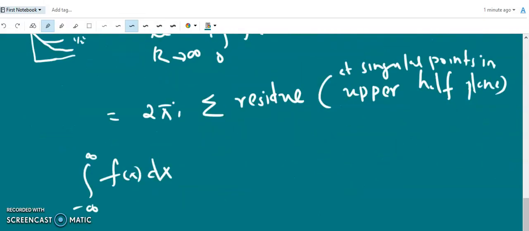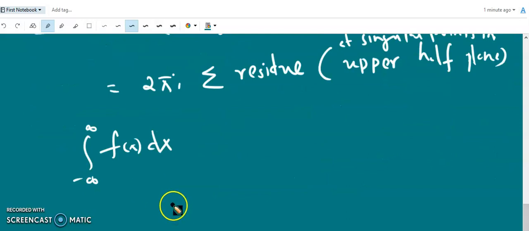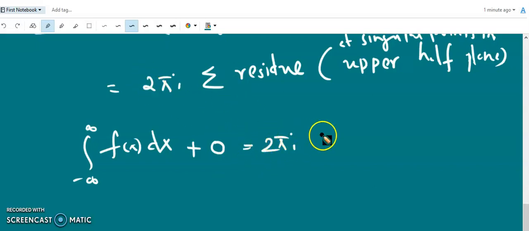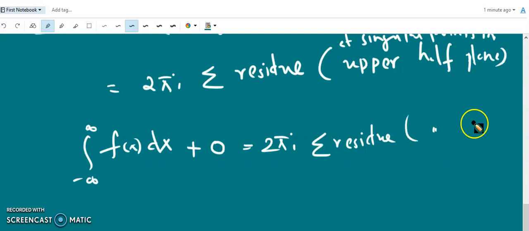So the second term is 0 from the third condition. The third condition is that f of z vanishes as strongly as 1 over z squared. So as z tends to infinity, that is, as mod z or r tends to infinity, this integral should vanish, and we have this equal to 2 pi i into the sum of all residues at singular points in the upper half plane.